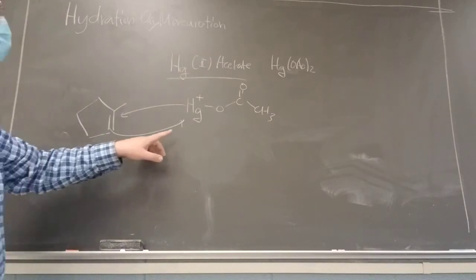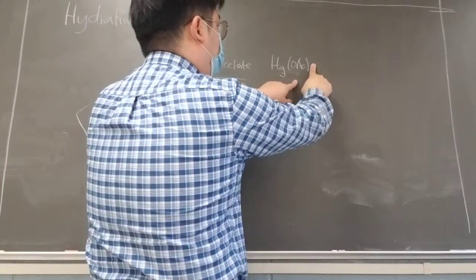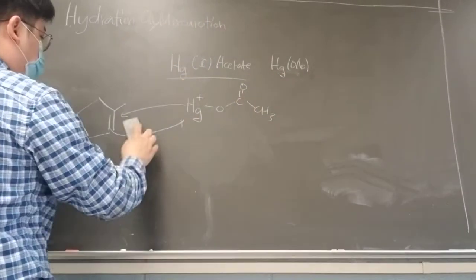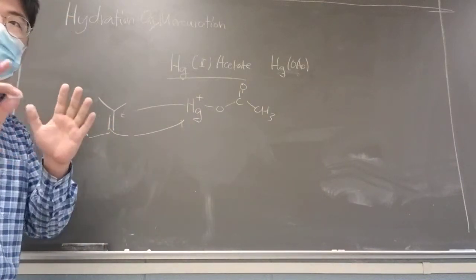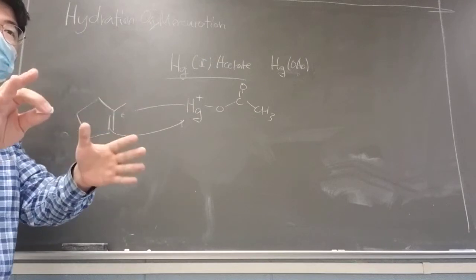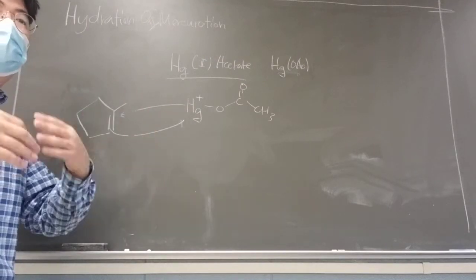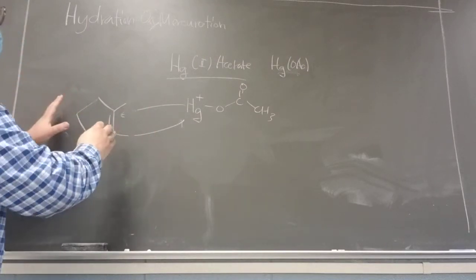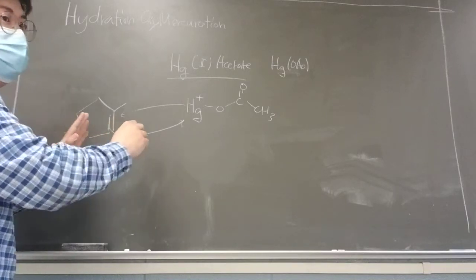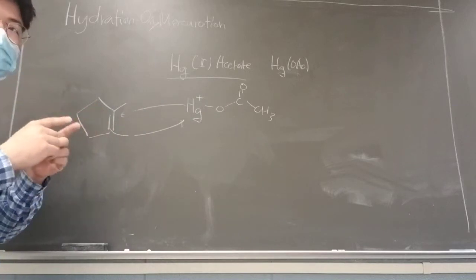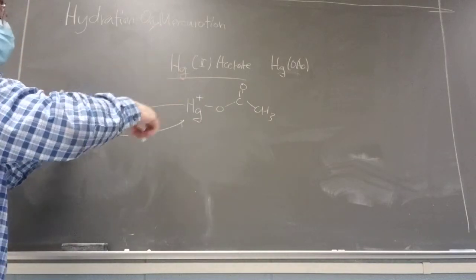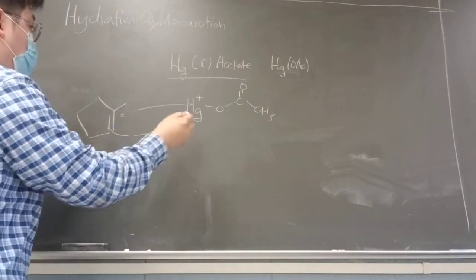So there's no more two, but just one here. By the way, you don't have to know the mechanism. I'm just doing this for better understanding. Whenever I do this, just focus on the products. What will be formed after this? The only thing we really need to focus on in this process is the last product.